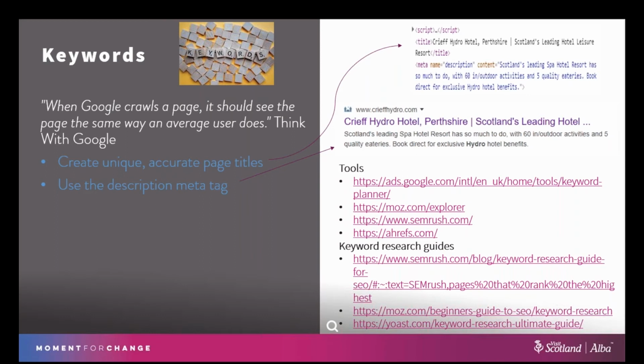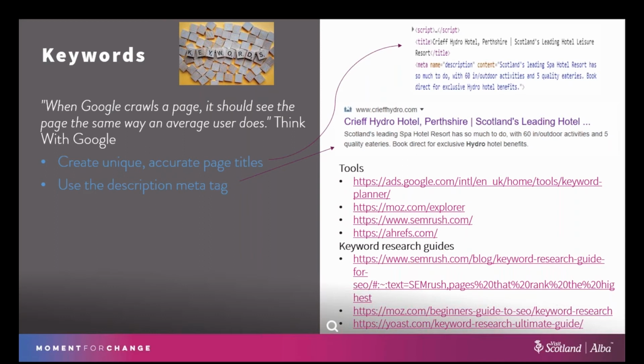Keep these titles accurate and concise. Include your primary keyword and make the title no longer than 70 characters, including spaces. And below that, we have the meta description tag, and it shows up underneath the title tag on the search results page, for example, on Google.